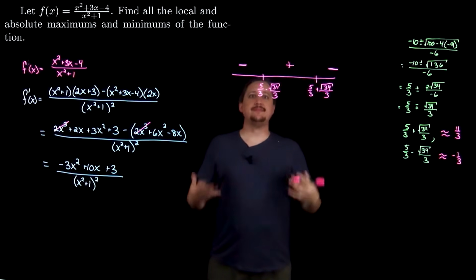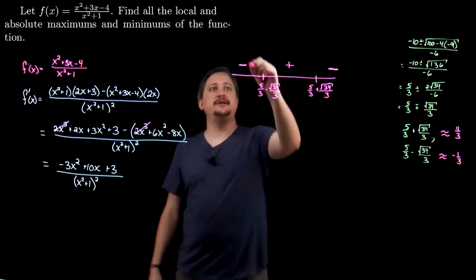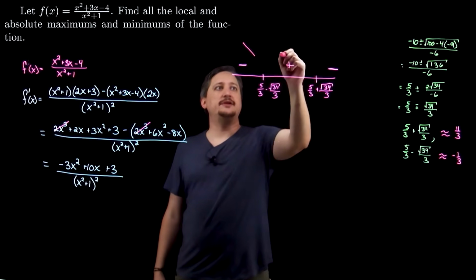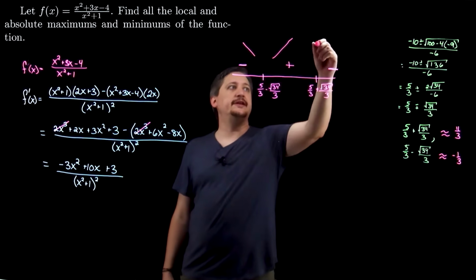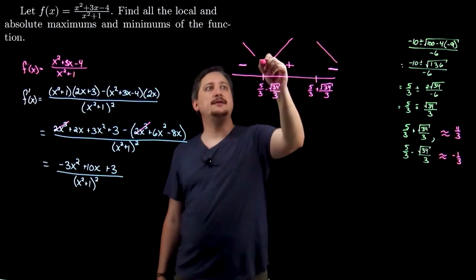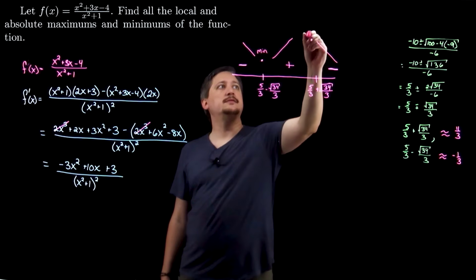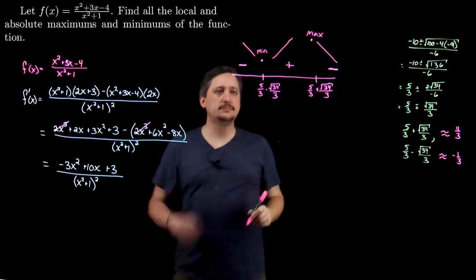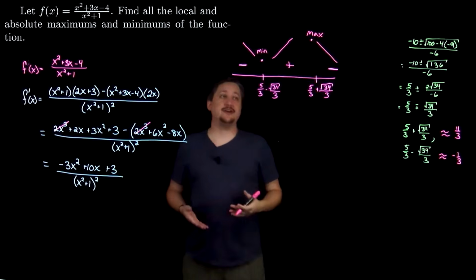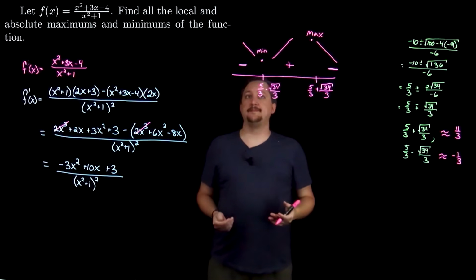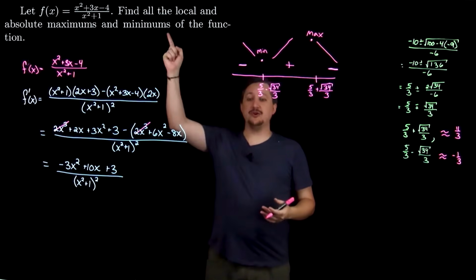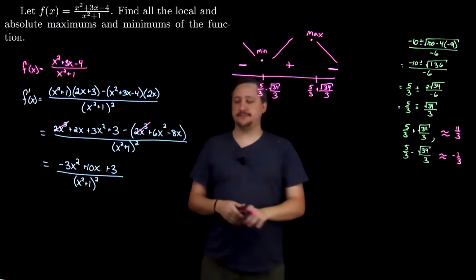So this tells me that I have, right, a negative slope here, a positive slope, and then a negative slope. So I have a min here, and I have a max here. But I need to actually calculate what these things are, right? Because again, it wants to actually know what the local and absolute maximums are.